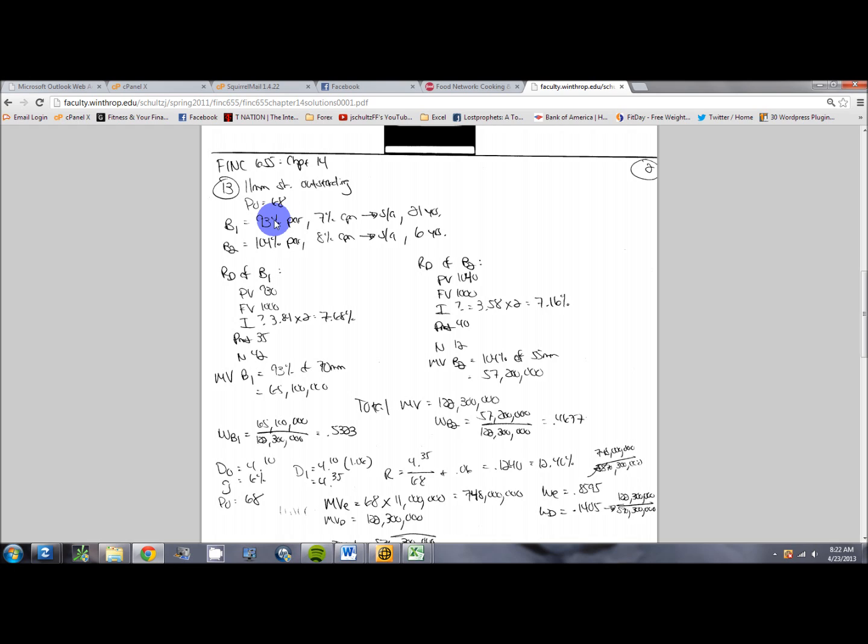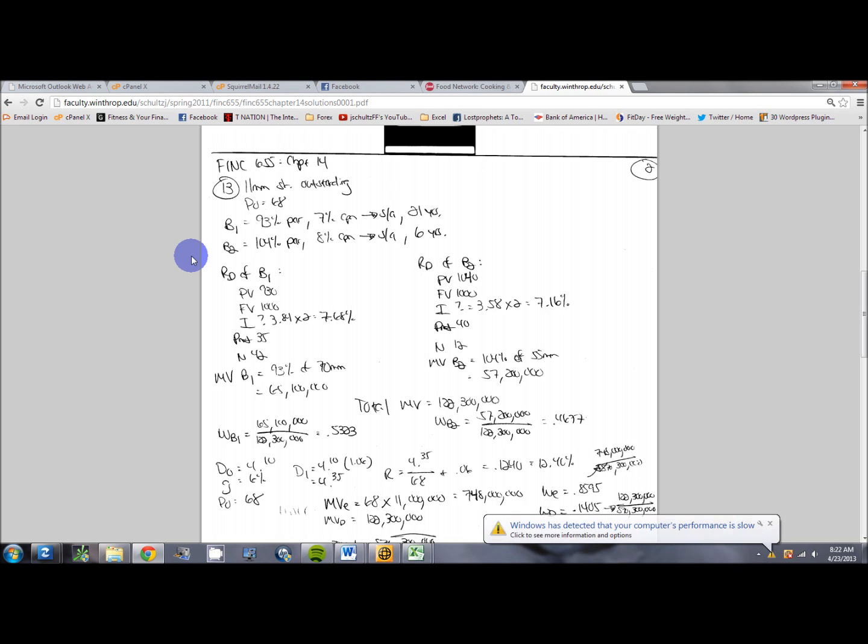The first thing you want to do in this problem is solve for the yield to maturity on both bonds. I'm not sure if the problem says this or not, but the assumption here is that the company might be issuing new debt, so your yield to maturity is going to be your cost of debt. It's not going to be a coupon rate, it's going to be the yield to maturity.